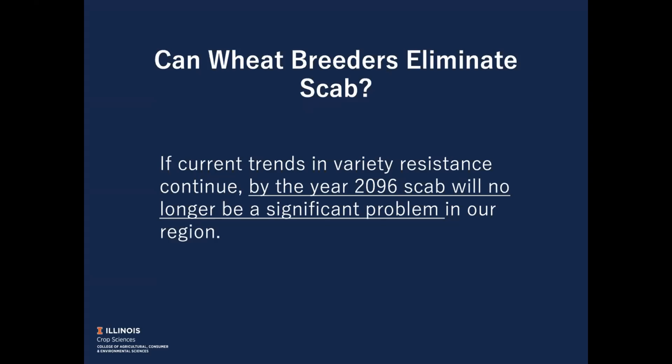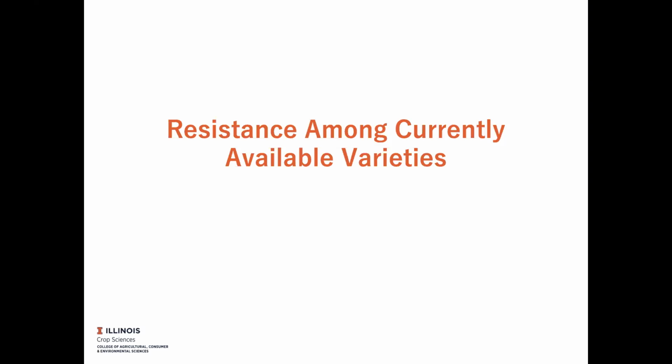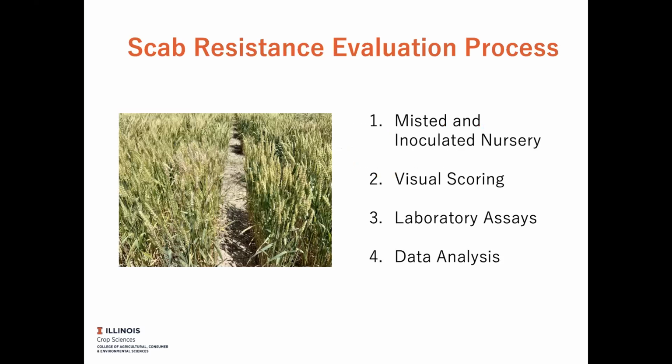So I'll just come back to the present and talk a little bit about the resistance among currently available varieties. Before I get into that, I'll briefly talk about what goes into this evaluation of scab resistance. We put everything into a misted and inoculated nursery that creates a very conducive environment for high levels of disease.